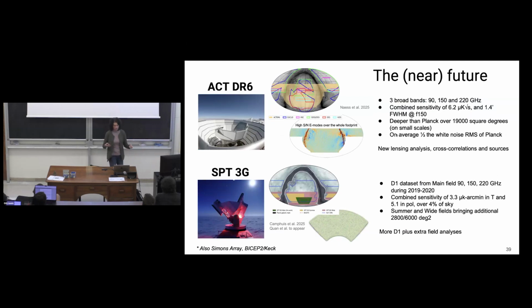So when you're going to do CMB plus something, cross correlation, galaxy shear, galaxy clustering, or whatever, probably these are going to be your two main data sets for the coming year.